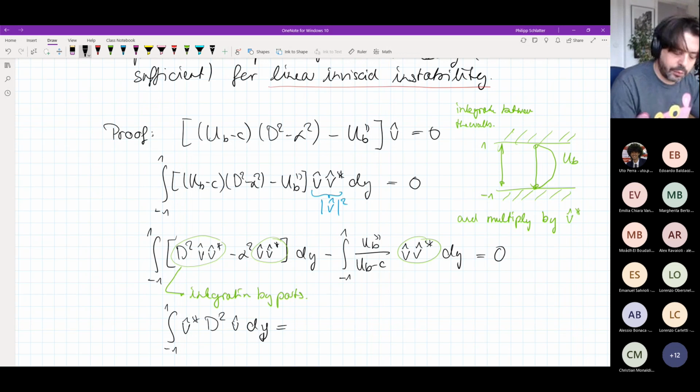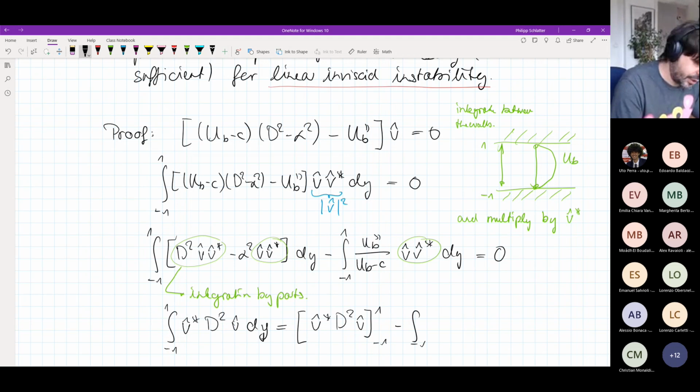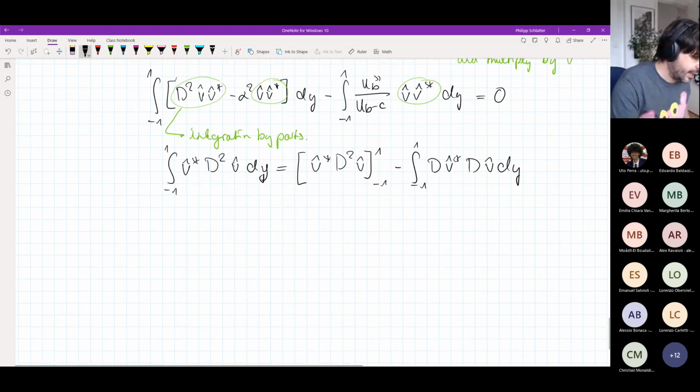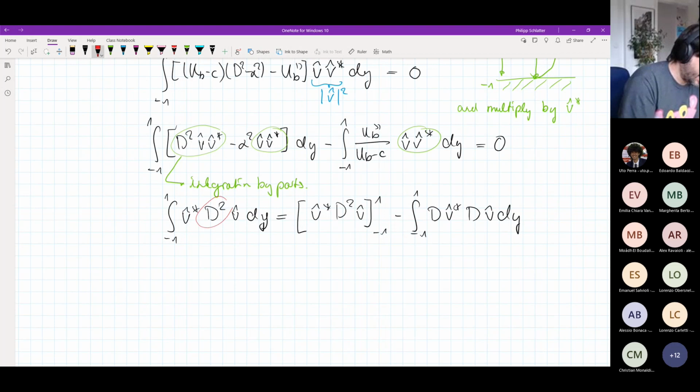And this would then be, with the integration by parts, the boundary term, which is V hat star d V hat, evaluated between -1 and 1. And then we get the other integral term, which is the integral from -1 to 1 of d V hat star times d V hat dy. So what the integration by parts really does is distribute the second derivative onto both terms, which is exactly what we would like to have.